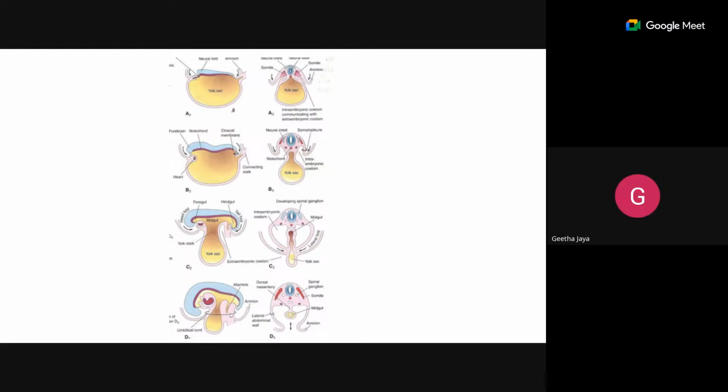You will have the connecting stalk, the vitellointestinal duct, and the allantois, part of which regresses, also will be there.